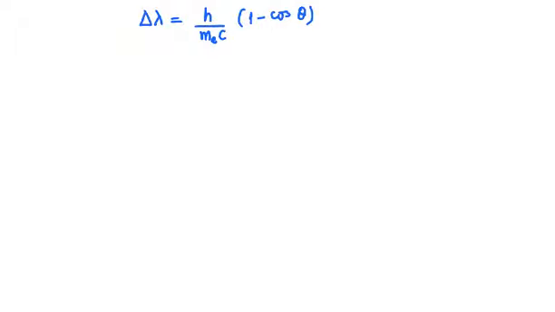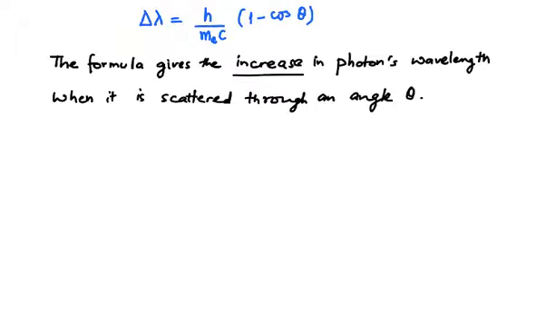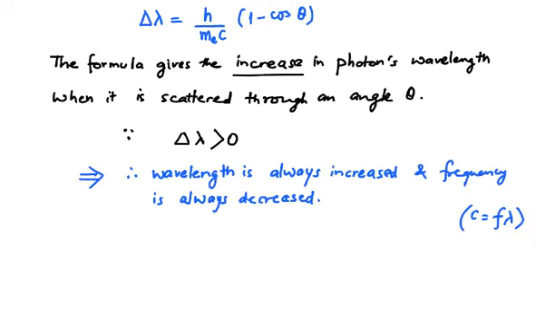So this formula gives the increase in photon's wavelength when it is scattered through an angle theta. Since delta lambda is greater than 0, wavelength is always increased and frequency is always decreased.